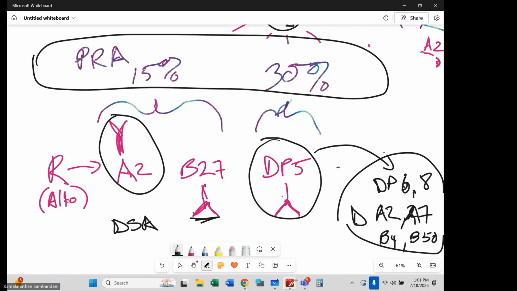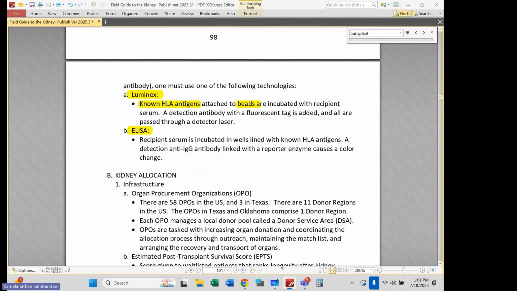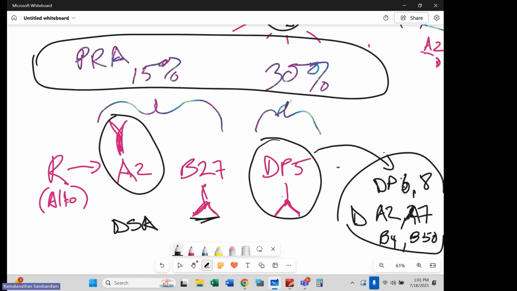Okay? In real life, we're looking for DR, not DQ. Well, it is true that in matching, in organ allocation, you only look at A, B, and DR in kidneys.